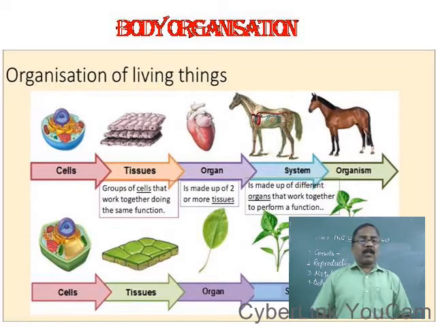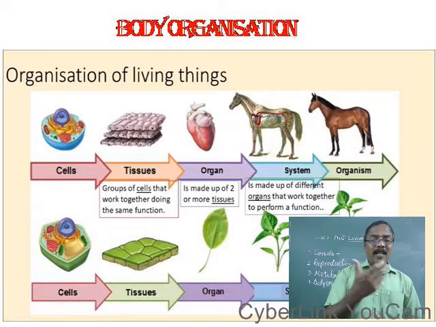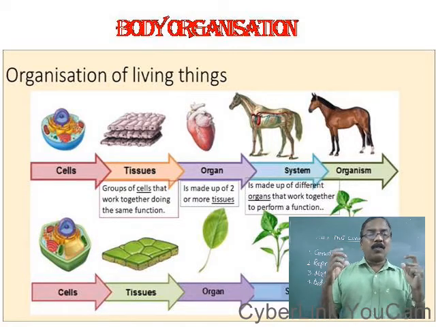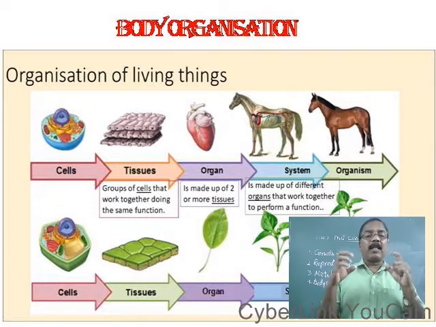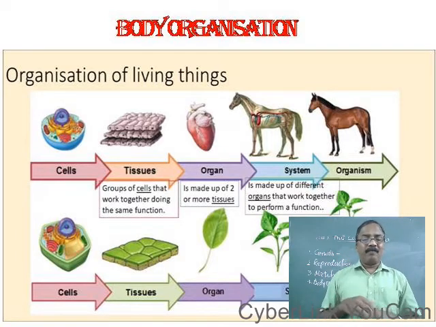And each of these organs, if you consider the mouth for example, will have different types of tissues in it. Say the epithelial tissue covering our mouth inside. For example, we have muscular tissues inside our cheeks, which help in contraction and relaxation, that will help in movement of our teeth and tongue inside.